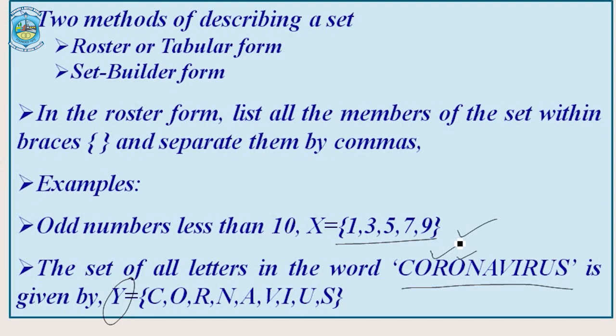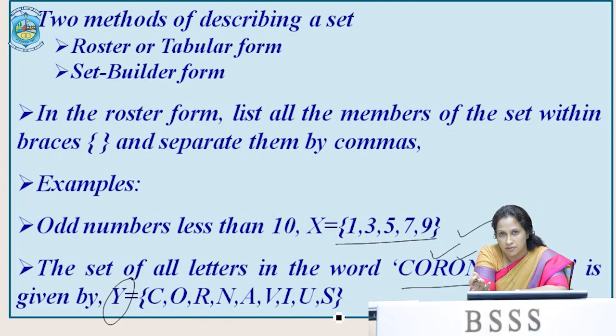The roster form has a rule that elements which get repeated are not represented again, meaning that O will be represented only once. The letters are separated by commas, and repeated letters are represented only once. So, this is the roster form of representing sets.